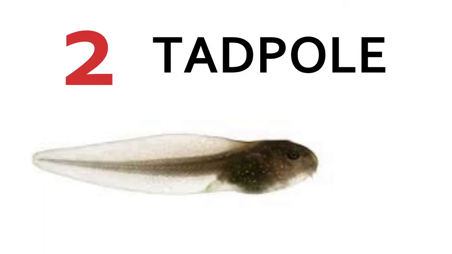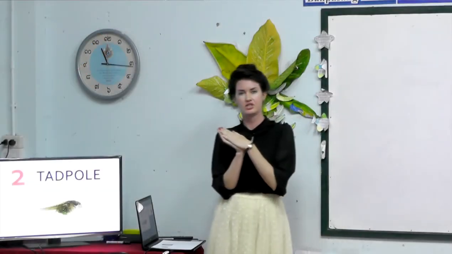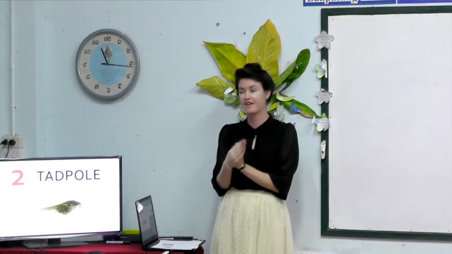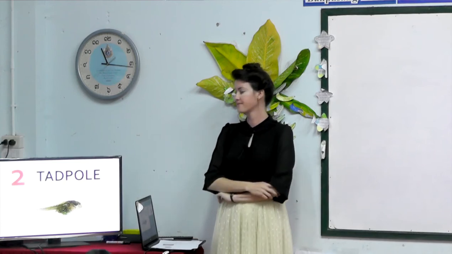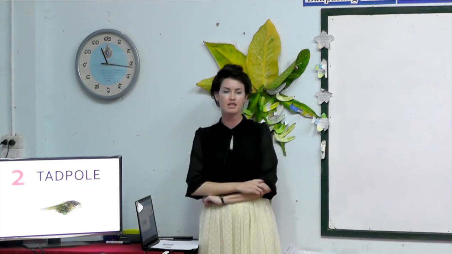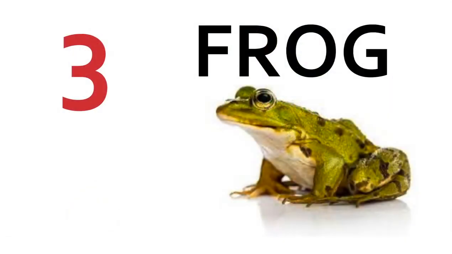We call it a tadpole. Good job. It's not important that you know that word, but just know that it looks like a little fish. He's starting to look more like a frog, isn't he? And after the tadpole, what do you think it turns into? A frog. Yeah. It grows and turns into a frog.